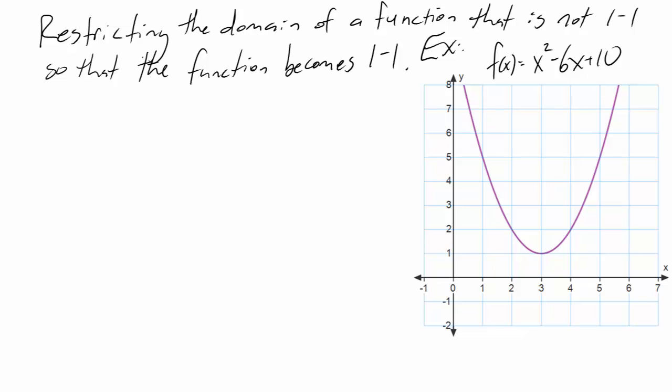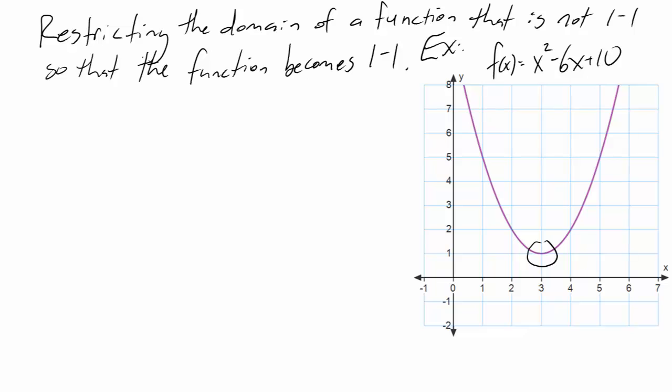The most straightforward way of handling these things is to look and determine where the vertex of your parabola happens to be, if this is a parabola. If it's something else, then things get a little bit trickier, but almost always for these sorts of introductory examples you'll be dealing with a parabola. Alright, so based on the graph, it looks like we're at the point 3, 1 for the x and y coordinates.